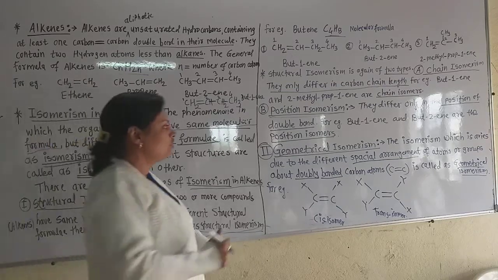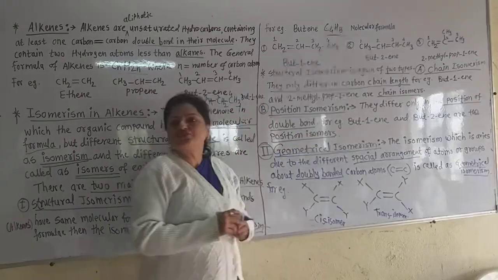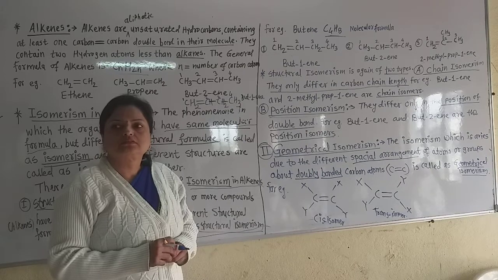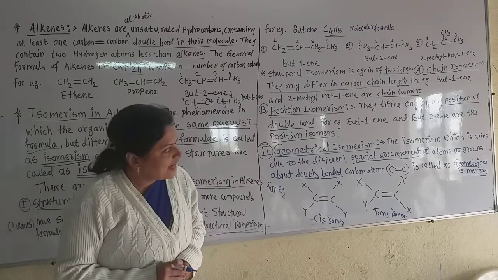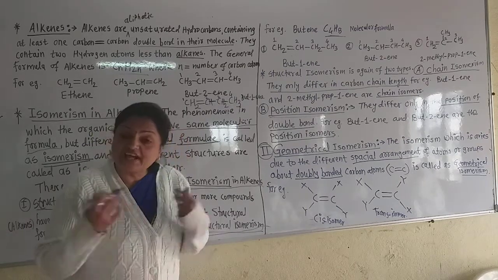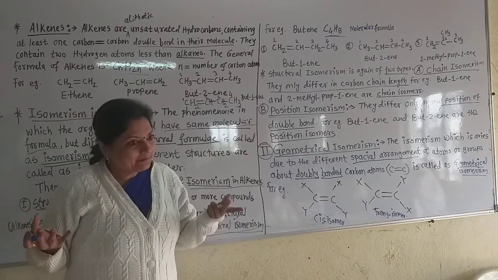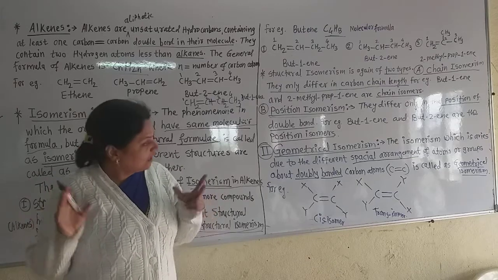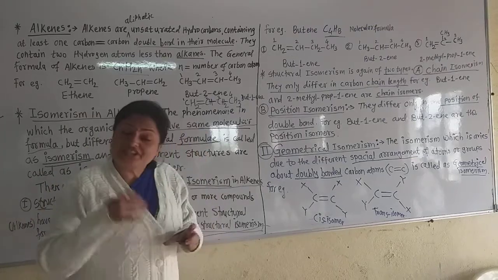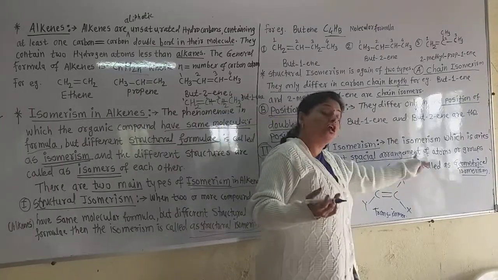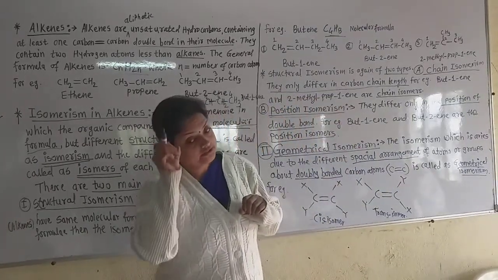See here. Now, geometrical isomerism means what? The isomerism which arises, arises means to create, create means make. Okay. So the isomerism which arises due to the different spatial arrangement. Write down the definition in the same manner.